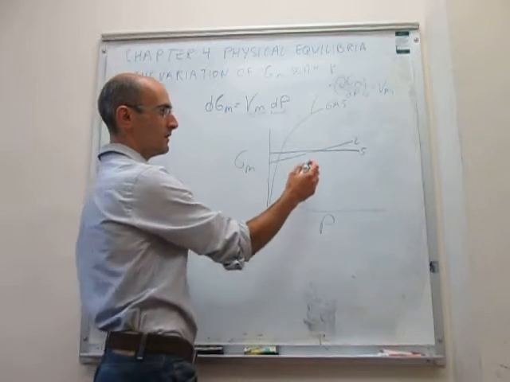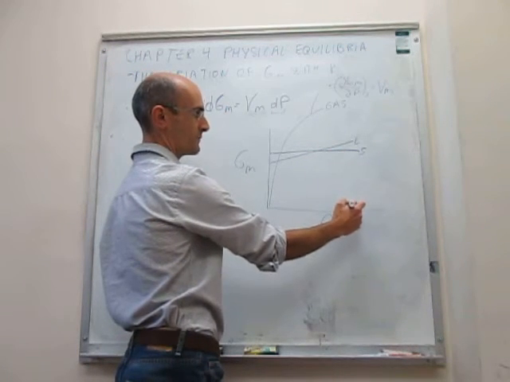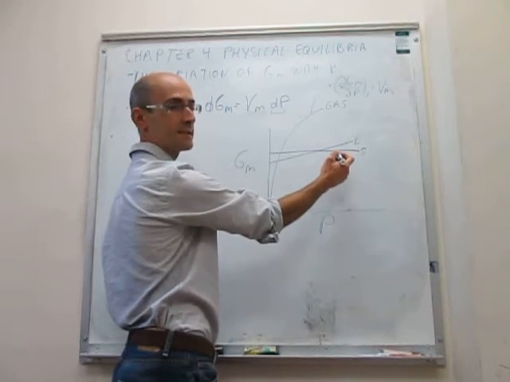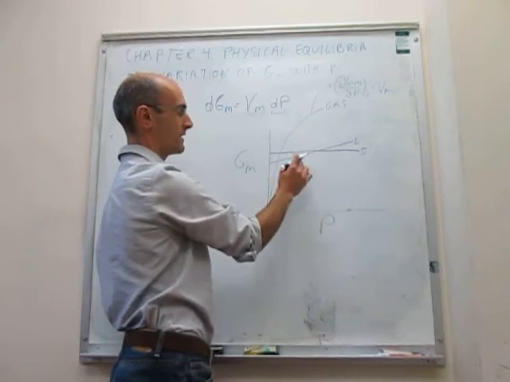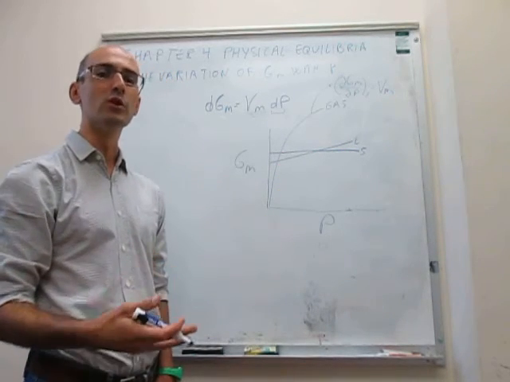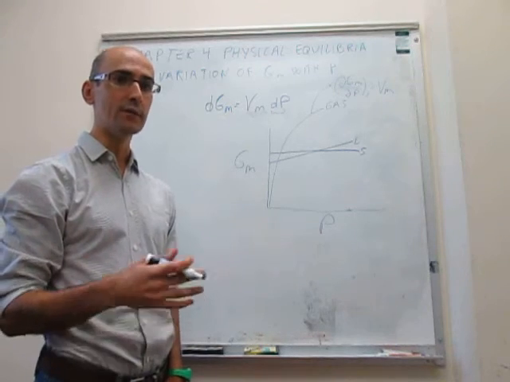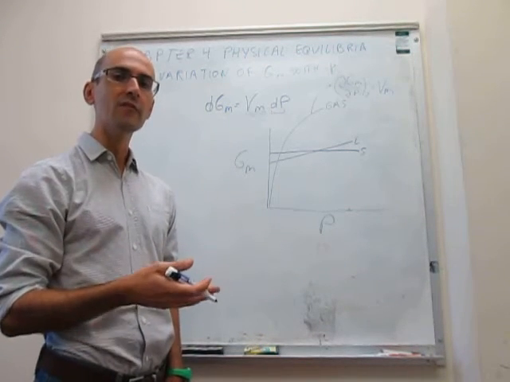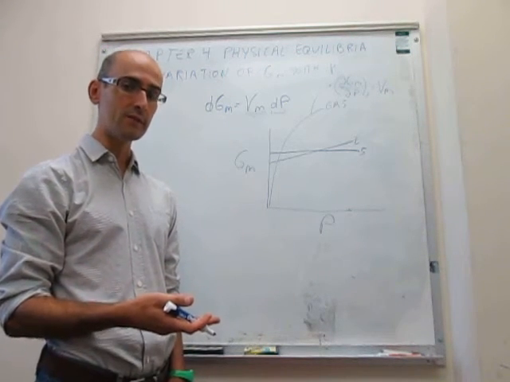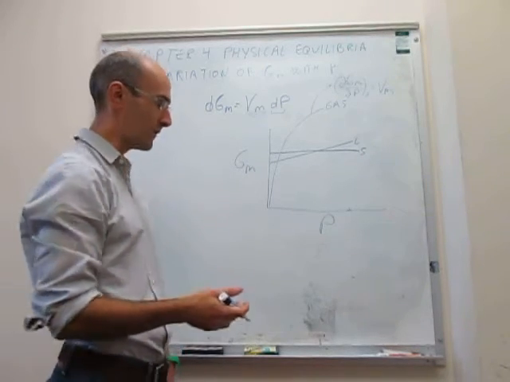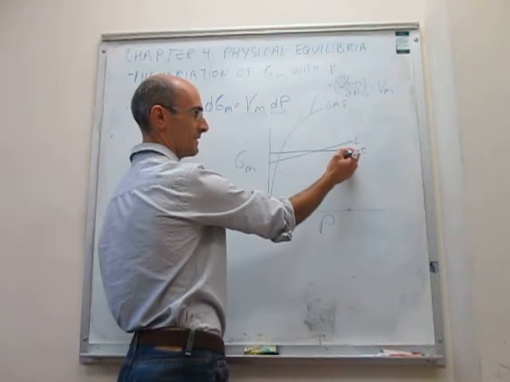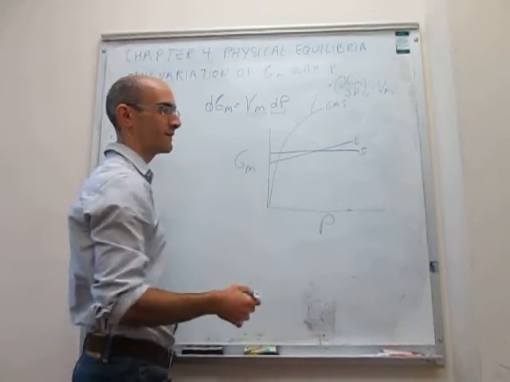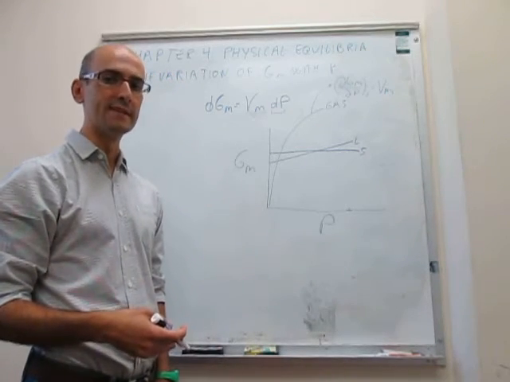Why is that? At this particular pressure, the line of the solid is below that of the liquid and the gas, and these lines represent the molar Gibbs energy. We know that of the 3 phases we're studying here, the one of lowest molar Gibbs energy is the one that is going to be stable. So at high pressures, the line that is lowest of these 3 is that of the solid, and that means that the solid would be the stable phase.